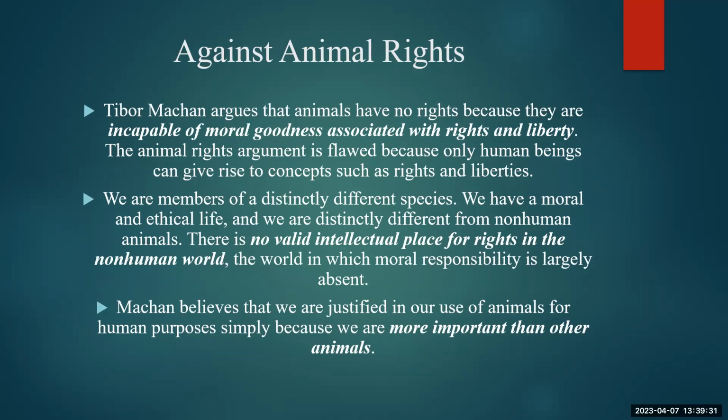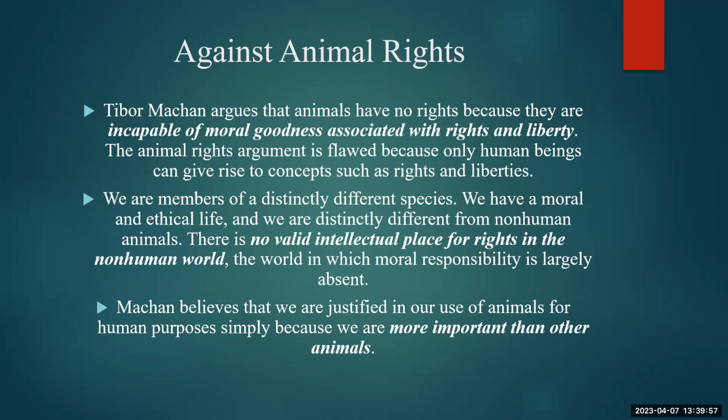Now, Tibor Machan argues against animal rights, but he also does argue in favor of animal welfare. And he says, okay, it's pretty straightforward here. When we talk about rights, we're talking about a kind of moral goodness that animals are incapable of. Because when we talk about morality and rights, we're talking about liberty, we're talking about the ability to reason, and animals don't do that. Animal rights, or the idea of animal rights, is flawed because only human beings can rise to the level of these concepts.